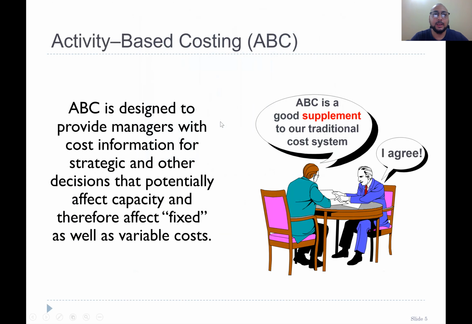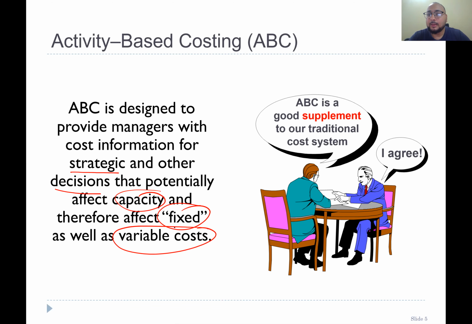The introduction of ABC is that it is designed to provide managers with cost information for strategic and other decisions that potentially affect the capacity and therefore affect the fixed as well as variable cost.